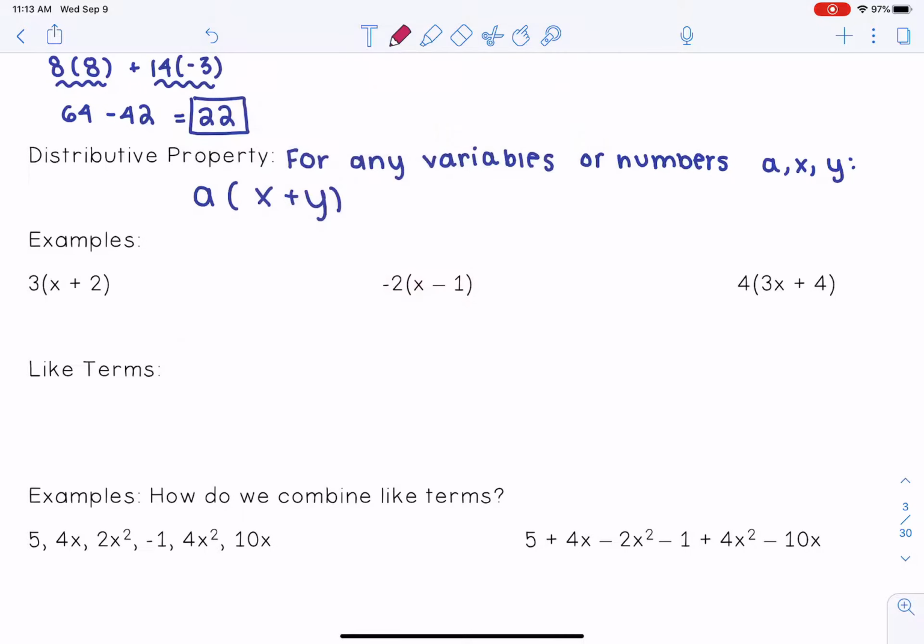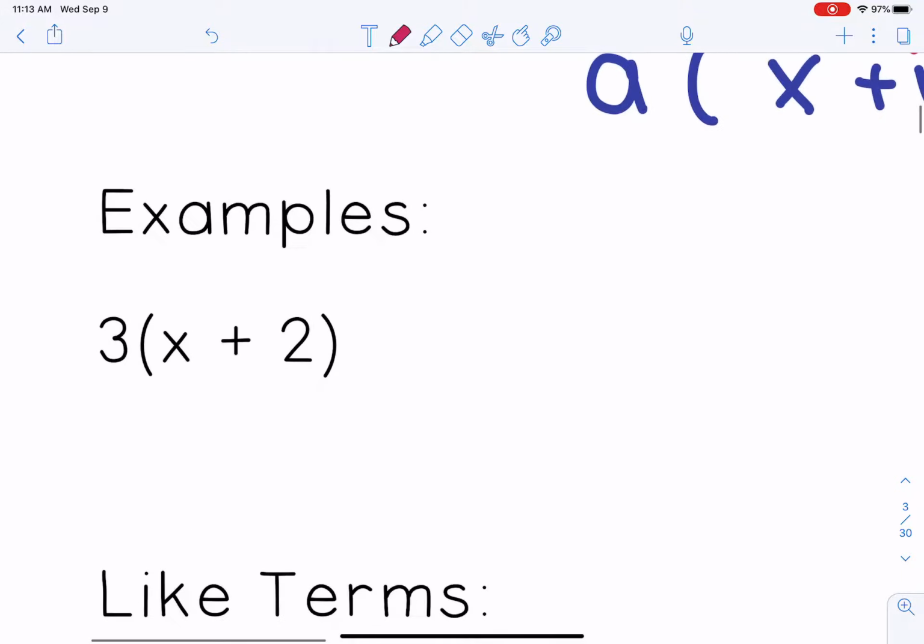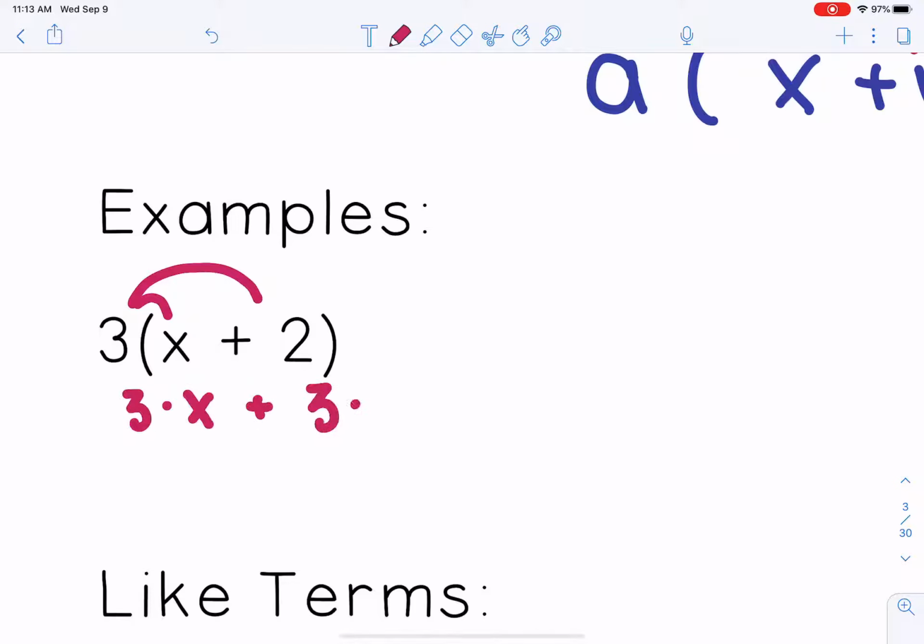So what I'm going to do is say a times x gives me ax plus a times y gives me ay. So let's see what this means for an example. If I have 3 times x plus 2, well, I'm going to do a 3 times x and a 3 times 2. So this becomes 3 times x plus 3 times 2, or 3x plus 6.